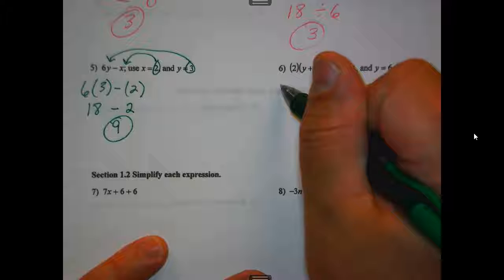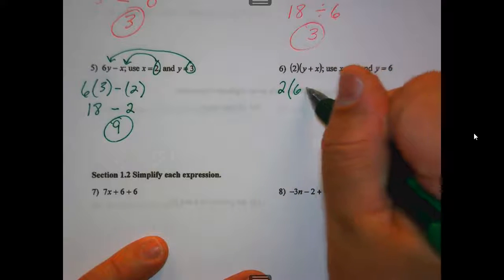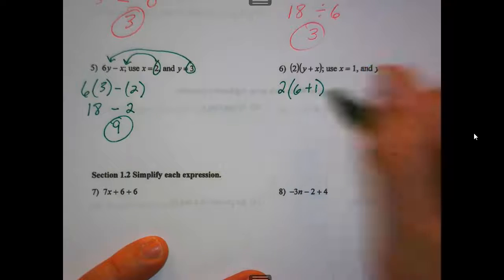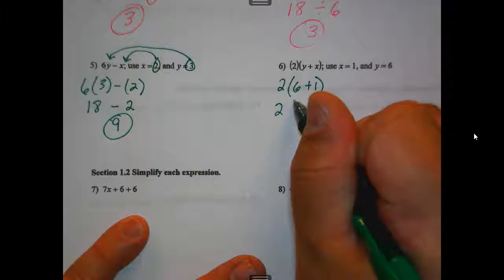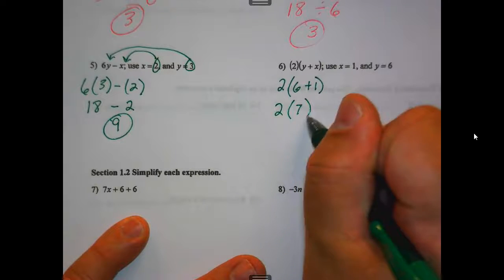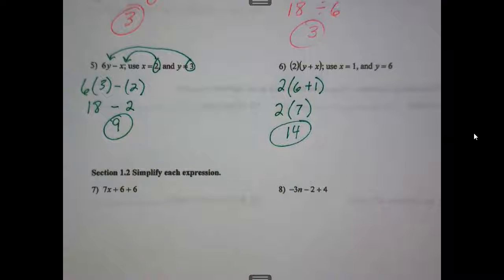Hey, X is 1, Y is 6, so it's 6 plus 1. Parentheses first, 7. 2 times 7 is 14. 14? Did I screw something up there?